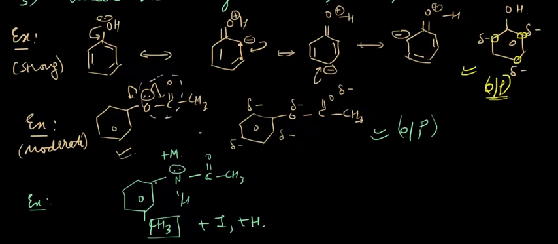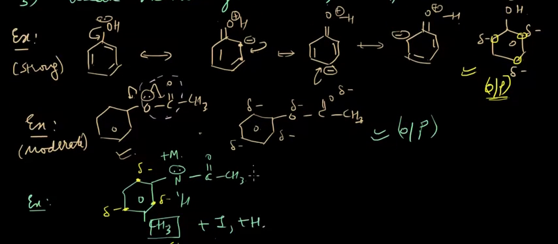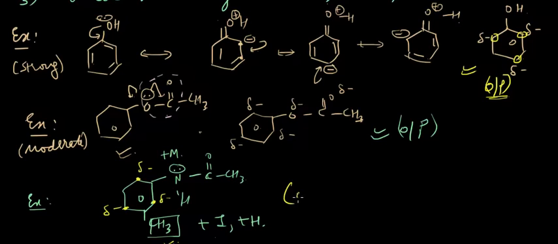Okay, so as you can see, the electron density because of plus M would be on the ortho and para positions. This is the ortho, this is the para position for the amide group. Okay, and this CH3 is also a weakly activating group, but still it would direct at ortho and para positions because of its plus I and plus H effects.